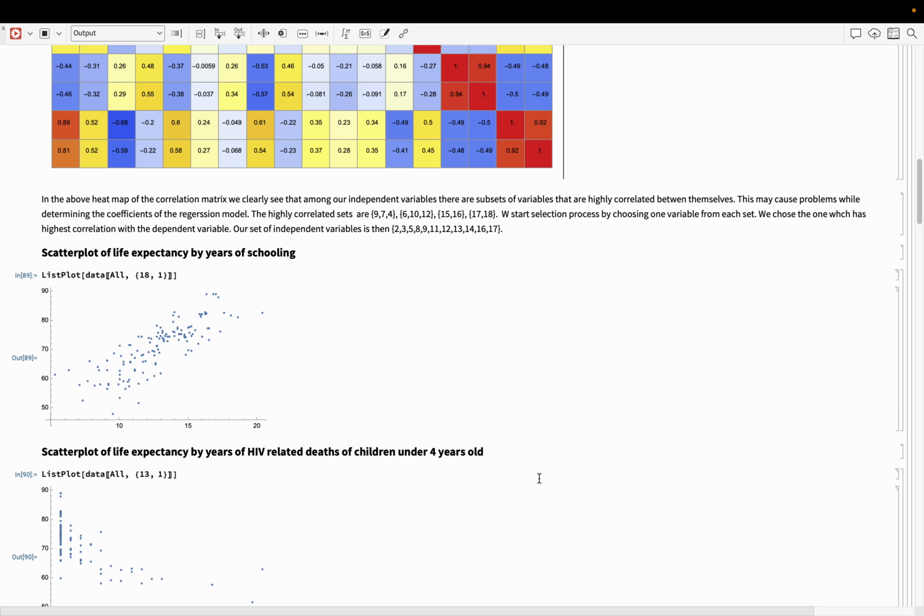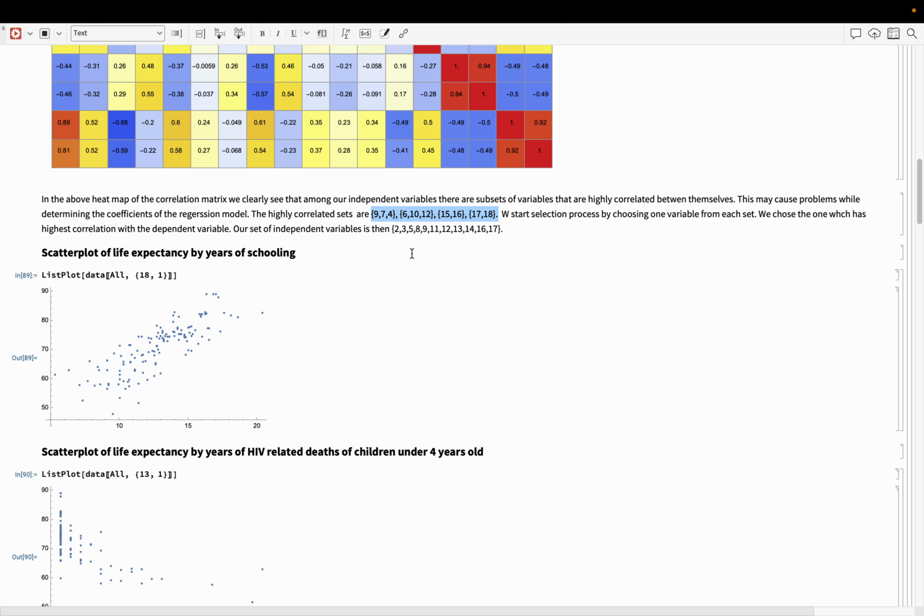So I have summarized it all here. We have the following subsets of correlated variables: 9, 7, and 4, from which we choose 9; 6, 10, and 12, from which we choose 12; 15 and 16, from which we choose 16; and 17 and 18, from which we choose 17.